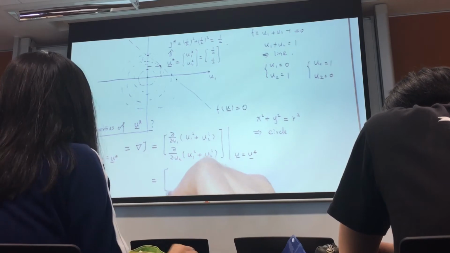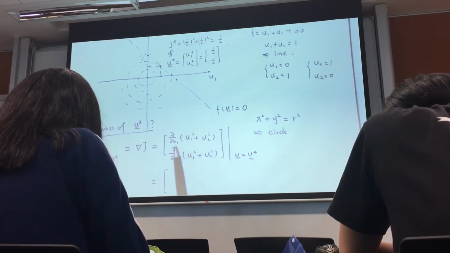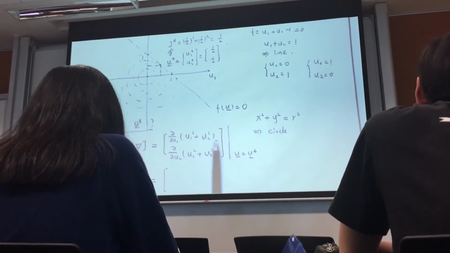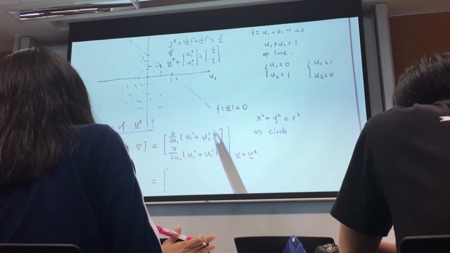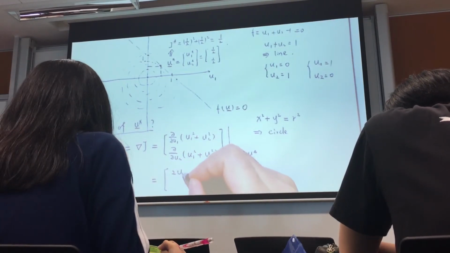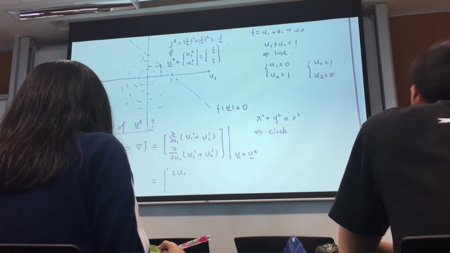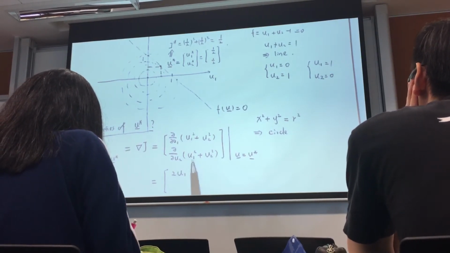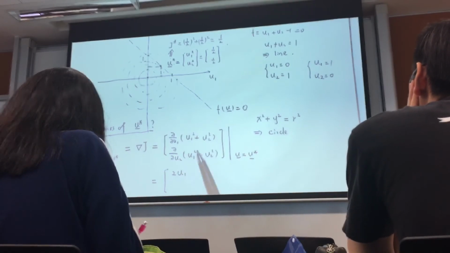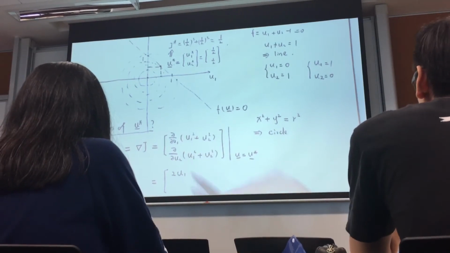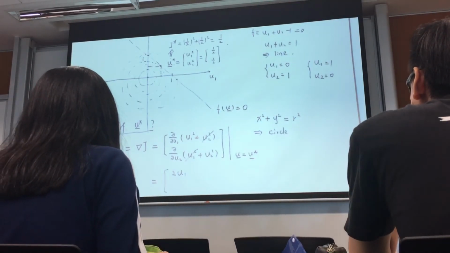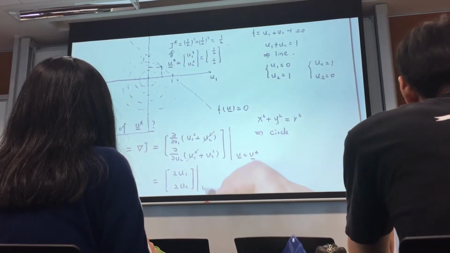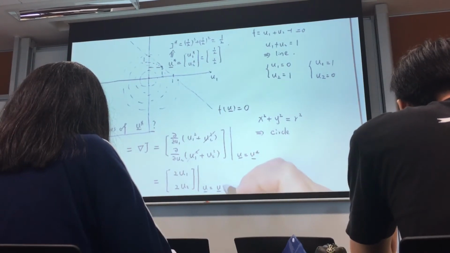So now we first evaluate the derivative by u1. u2 is just a constant, so this equals 0, and this becomes 2u1. For the second component, u1 is a constant, so the first term is equal to 0, and we have 2u2, for u equal to u star.